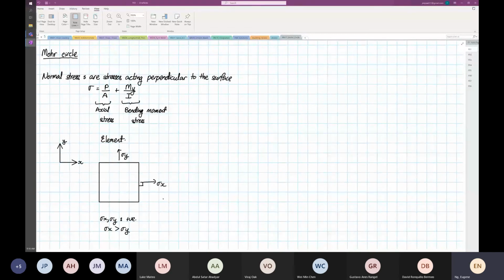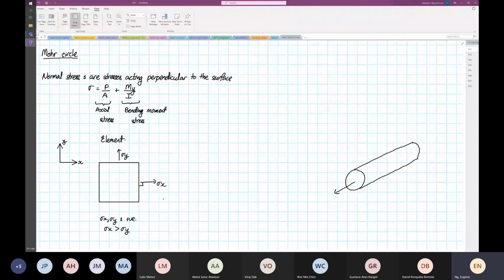Some of you will ask me, Eugene, what is this element? An element is, for example, a cylindrical rod, and this cylindrical rod is carrying some axial load.